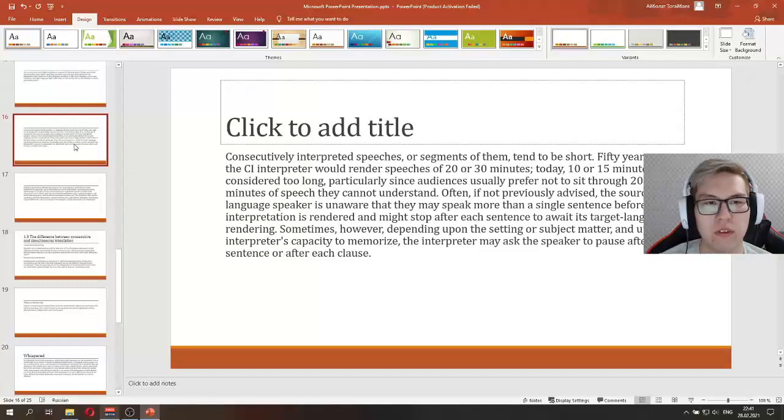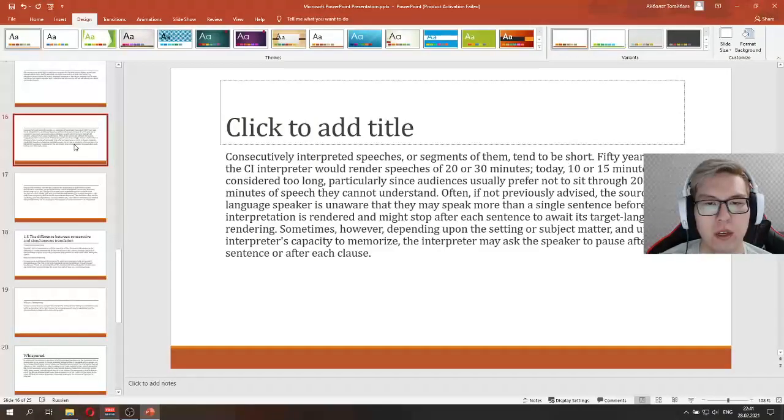Often, if not previously advised, the source language speaker is unaware that they may speak more than a single sentence before the CI interpretation is rendered, and might stop after each sentence to await its target language rendering.